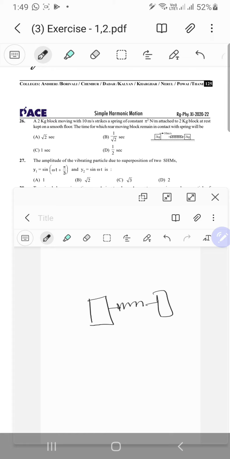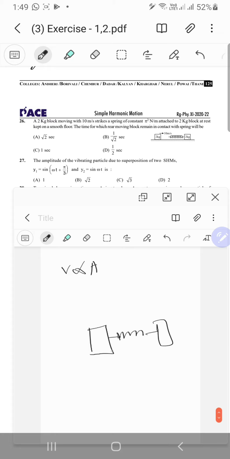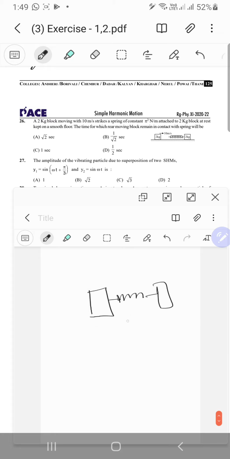It cannot do that. It will get compressed as soon as it hits, and the 2 kg block won't experience any force immediately. It will experience it when it gets a little more compressed. So suppose it's at compression x, then this provides F equals kx. So it's going to be kx over there, and kx over here. This has small m as its mass. Cool. What can we say?